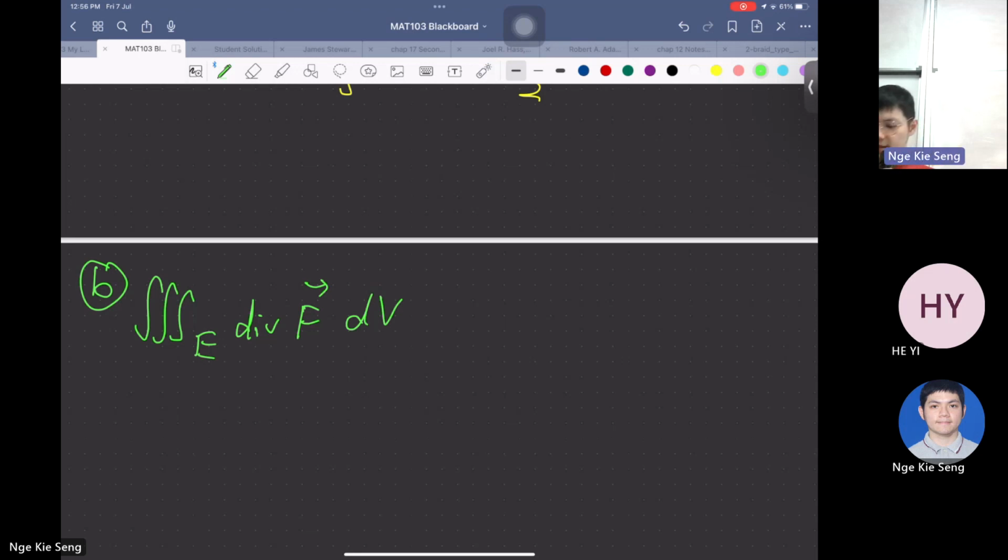How do you describe the solid bounded by this surface? What do x and y have to satisfy in my solid here? r equals 1.